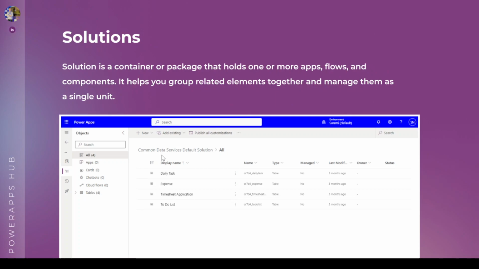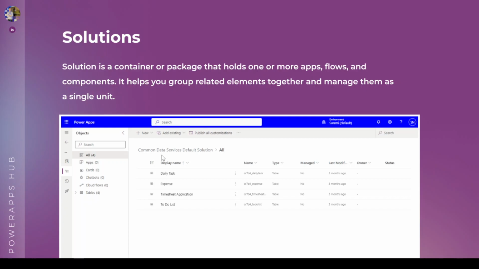Then we have the concept called solutions. So in simple words, a solution is a container or a package that holds one or more applications, flows and components. So basically, let's take a scenario where you have 4 to 5 canvas applications and 2 or 3 Power Automate flows. They need to migrate from one environment to another environment.